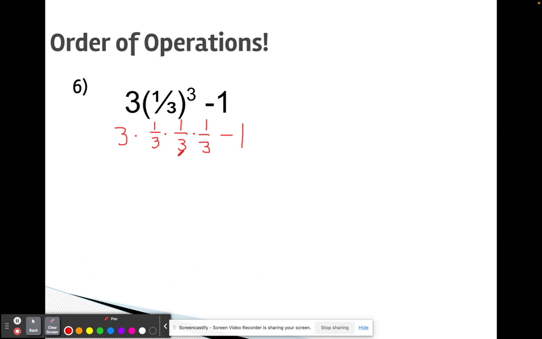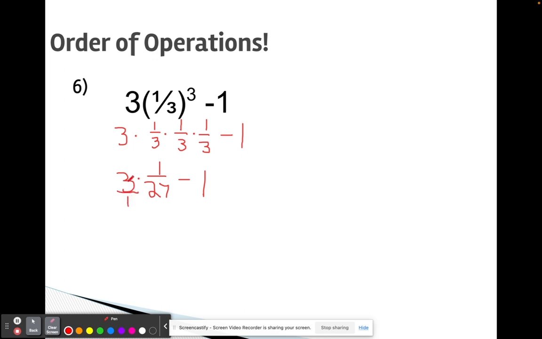1 times 1 times 1 is 1. And 3 times 3 times 3 is 27. Bring everything else down. Okay, so now I have to multiply. I can rewrite that as 3 over 1.